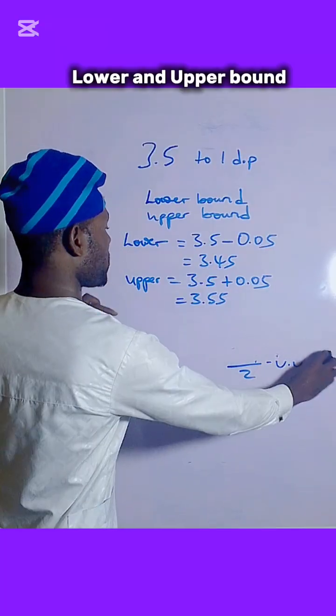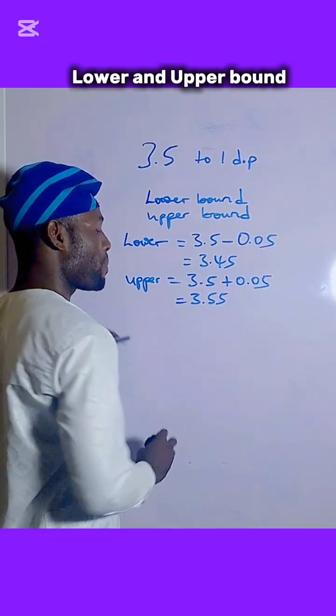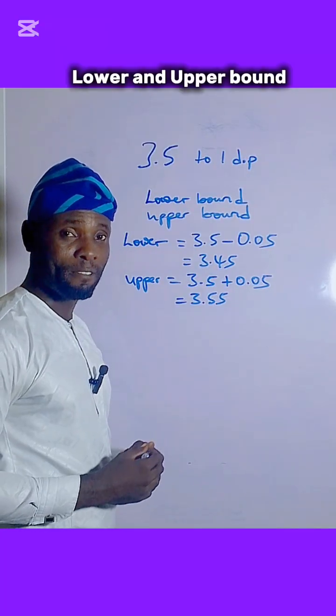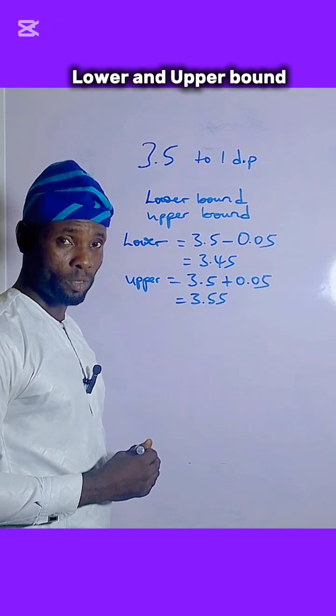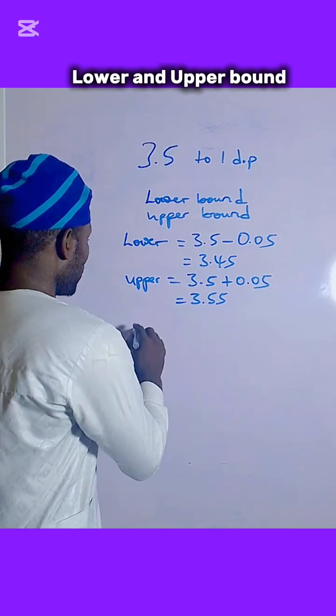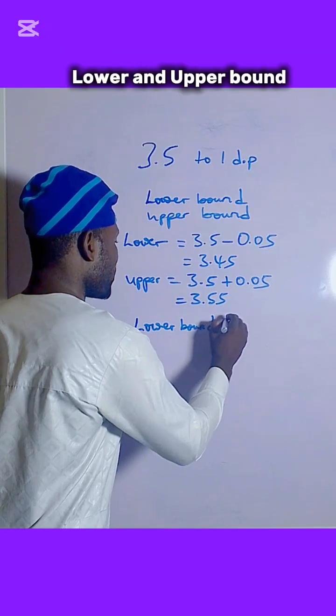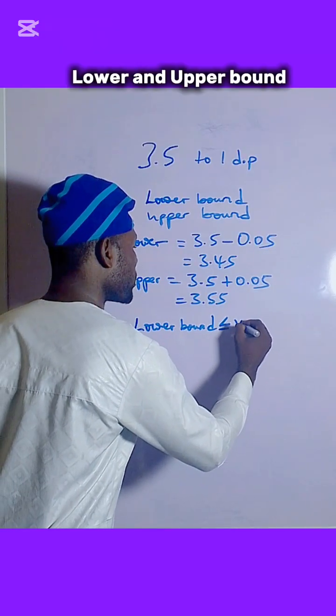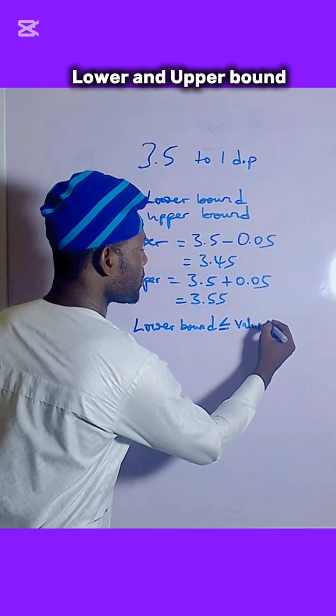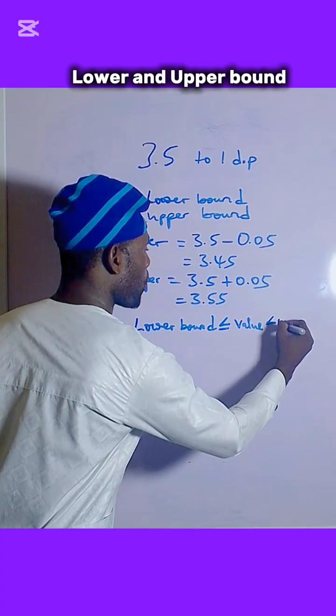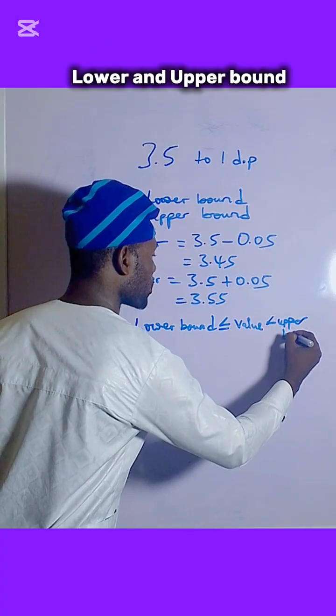If we bring the lower bound and the upper bound together, what we have will be a range of values. Look at the way it is. It will be lower bound less than or equal to the real value, the real value less than upper bound.